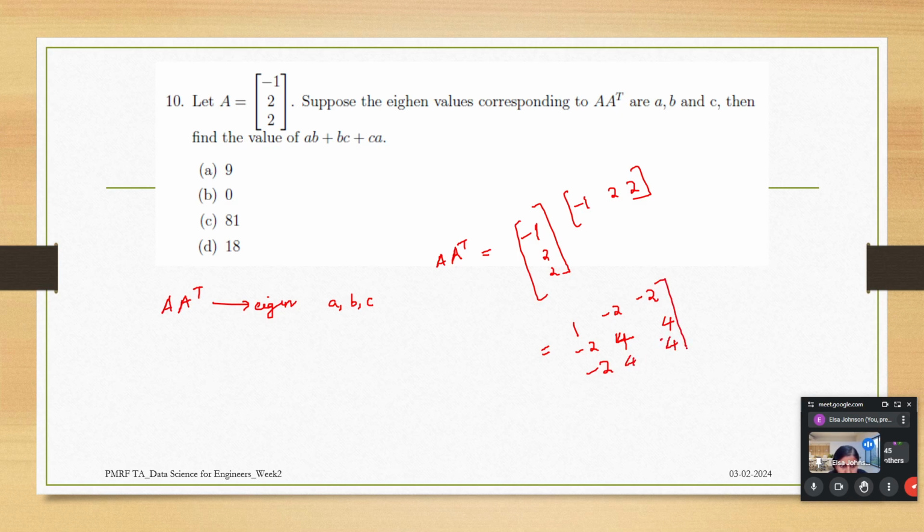Directly looking at this matrix, what can you see? Is there linear dependency or not?